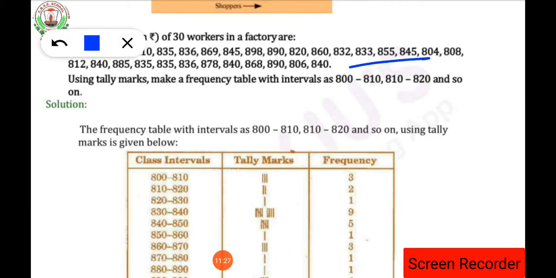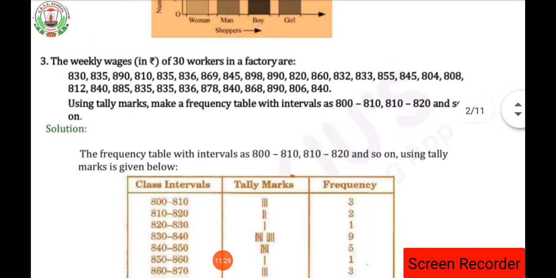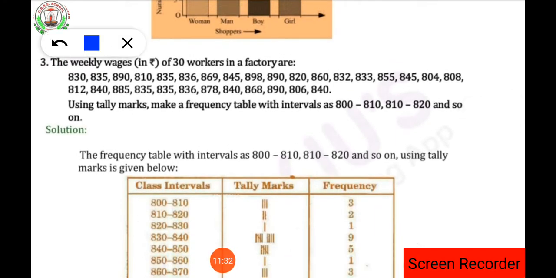This raw data you have to count from the question and get the frequency or the tally marks. Suppose 810 to 820, how many numbers should come? Let's see. 810 will come in the second interval as I had informed you beforehand. Then the next data will be 812, the rest will come in the third. Okay, so how many frequency are we getting? 2 frequency. Similarly for 820 to 830, and 830 will come in the fourth interval.